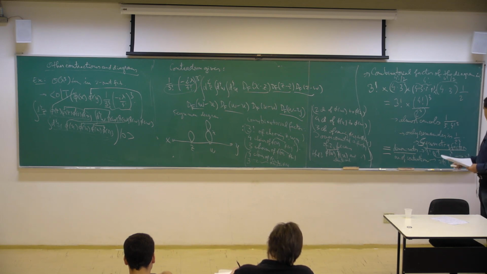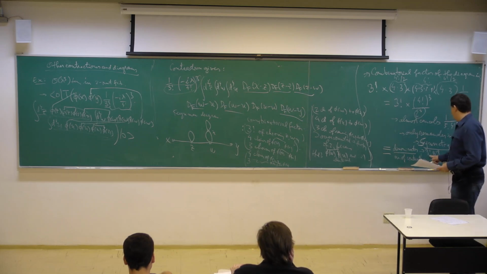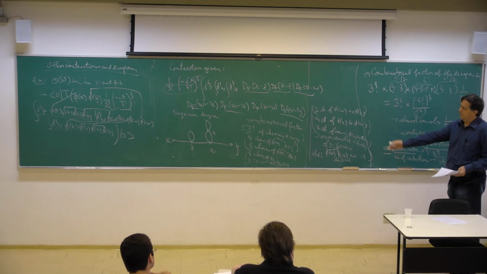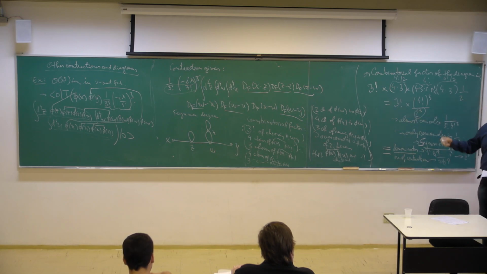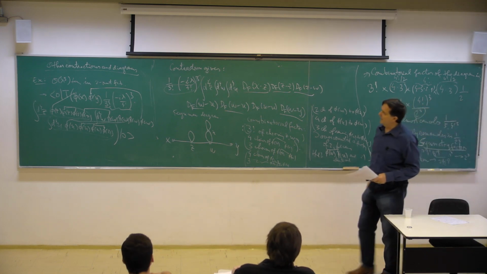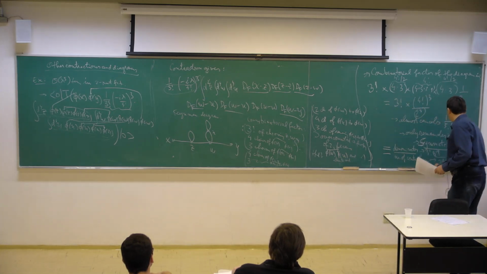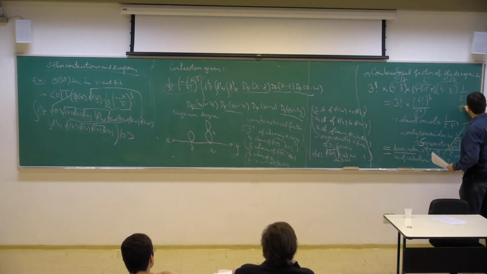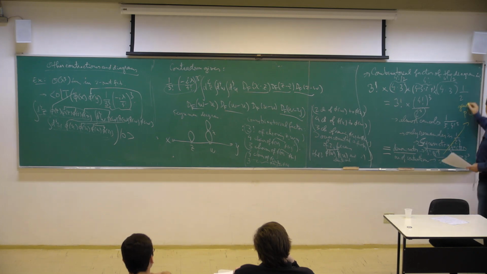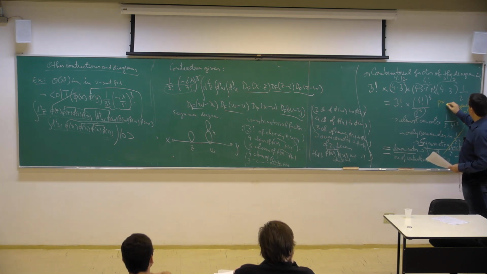And you see, I said here 3 factorial, 4 factorial cubed, but if I were looking at the order lambda to the p term, so expanded to order p, in general this would have been p factorial, 4 factorial to the p, where p is from order lambda to the p.